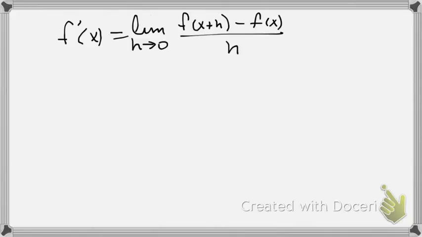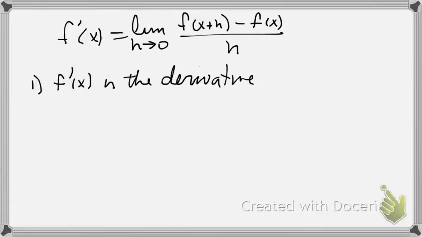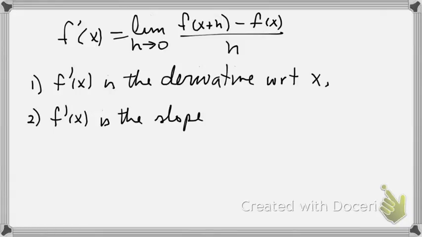This is our standard definition. f prime of x is the derivative with respect to x. f prime of x is the slope of the curve f, or if I want to, I can call it f of x.